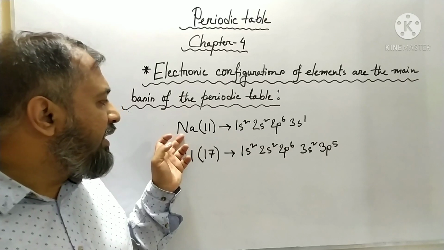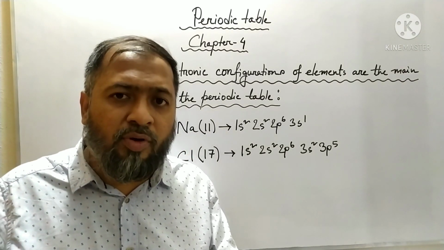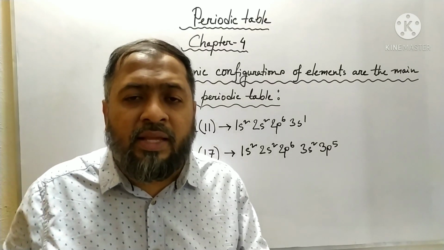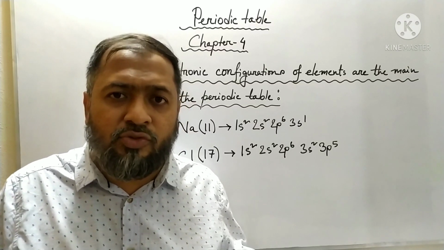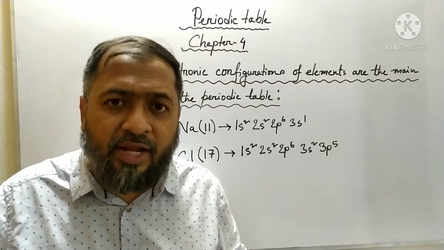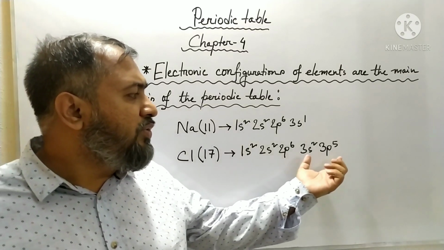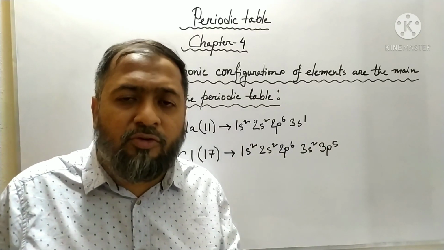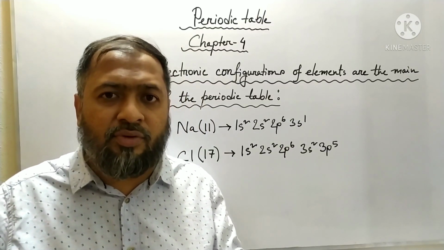And sodium is positioned in the first group of the periodic table because the elements which belong to the first group have the tendency to donate electrons during chemical reactions. On the other hand, chlorine is positioned in the 17th group, where all the elements tend to receive electrons.